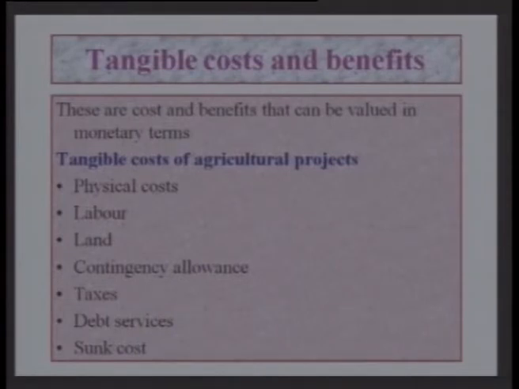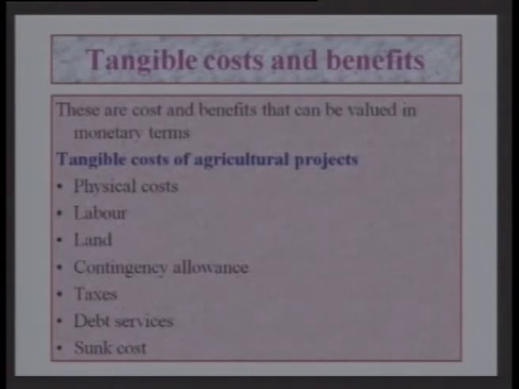So these can be easily identified, and that is why they come under the tangible cost and benefit. Similarly, the physical cost: the amount of cement, mortar or steel needed, or various inputs. If it is the agricultural sector, the amount of seed, fertilizer, etc. would be needed. So these are the various physical costs involved in a particular project, where the quantity and the value could be easily determined.